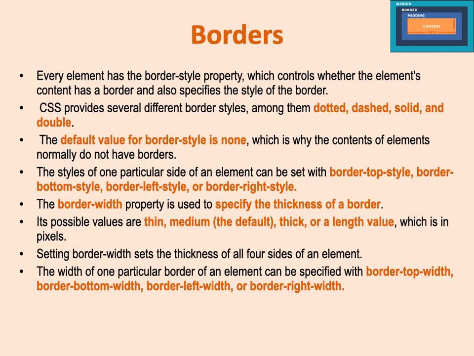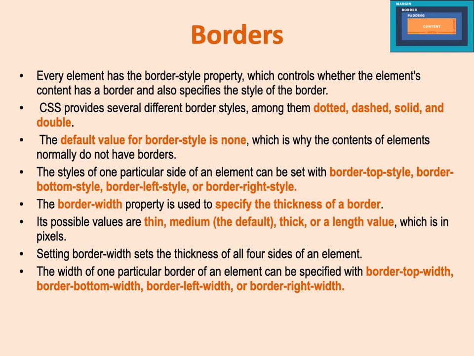That is the property name. If you need to set a bottom style for an element, we have to specify the border-bottom-style property along with its value. Similarly, for the left side and right side, there are different properties: border-left-style and border-right-style. These are the two properties for left and right respectively.